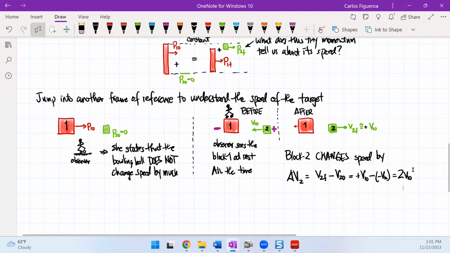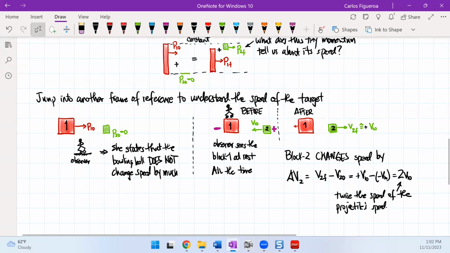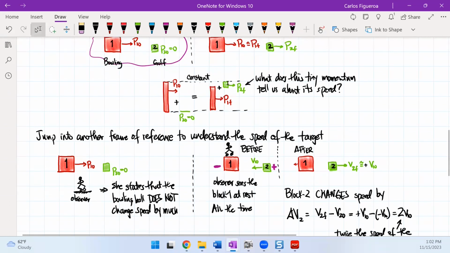So it should be coming out at twice the speed of the projectile's speed. So even though this has a tiny, tiny momentum, that golf ball comes out twice as fast. That's a big deal.